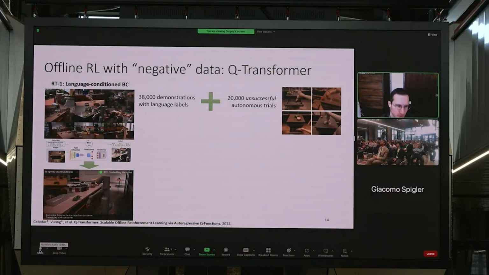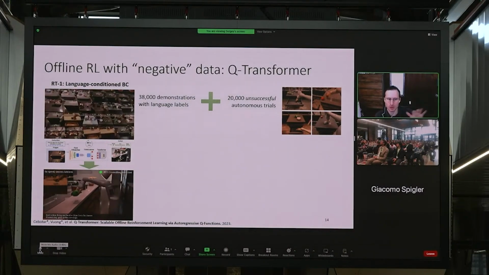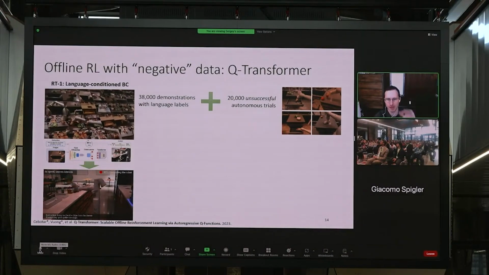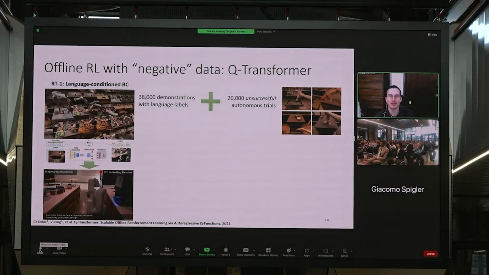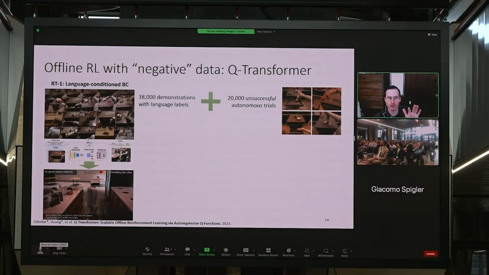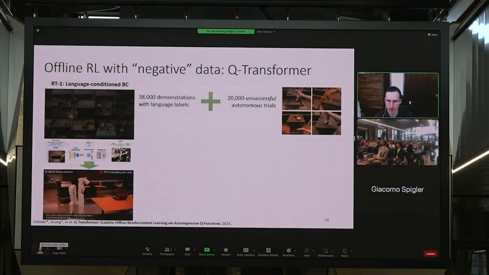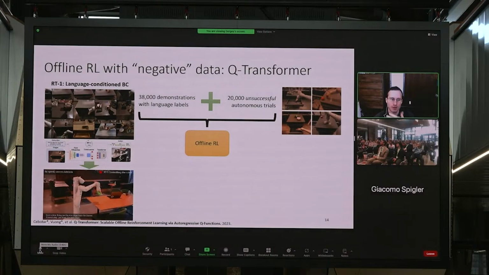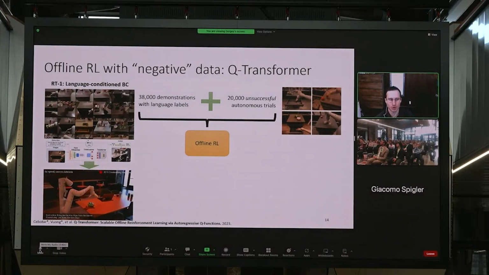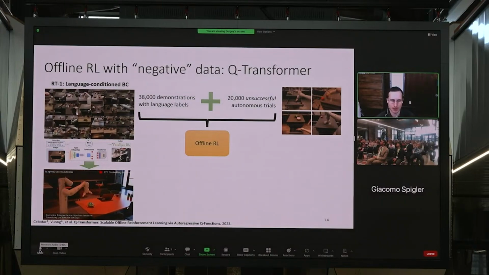But to make a really controlled experiment, we only kept the failed trials. We threw out all of the additional successful trials just to keep the comparison fair. So we really wanted to answer the question: does adding failed trials from the robot itself improve the policy over just imitation learning? And what we developed is an offline RL method that was suitable for training RT1 style models.